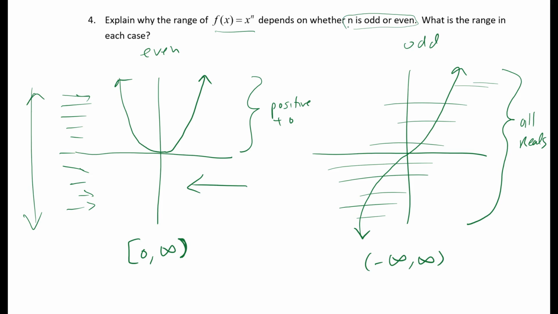This makes sense because when n is even, even when we have negative inputs, we're multiplying a negative number an even number of times, which turns them positive, which is why you can never get negative numbers in the outputs when you have an even exponent on the graph.